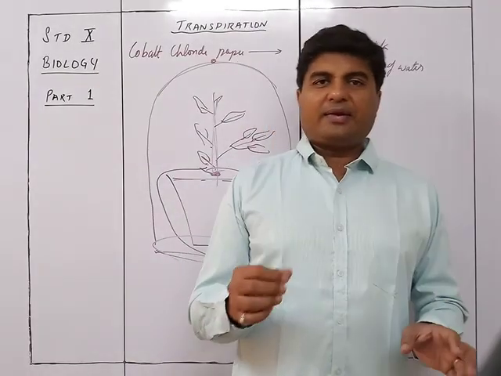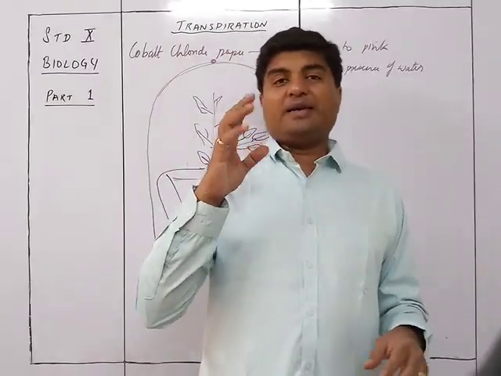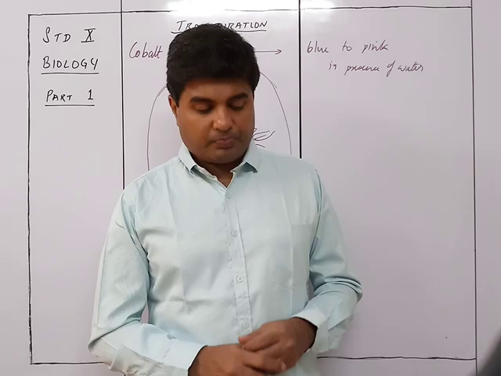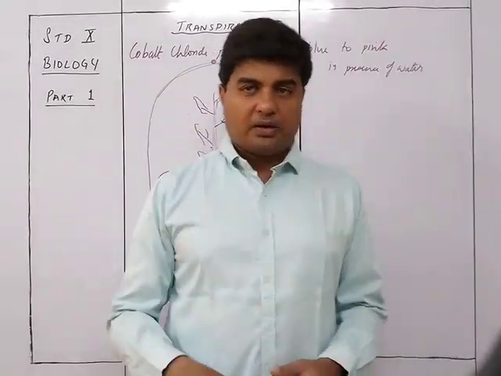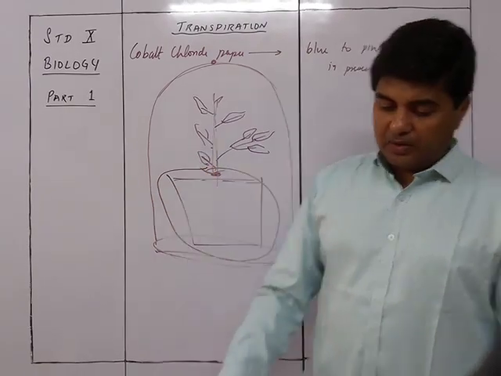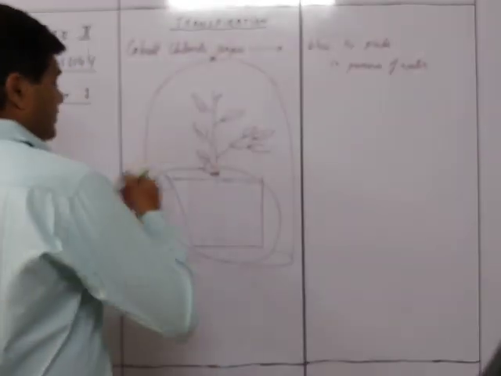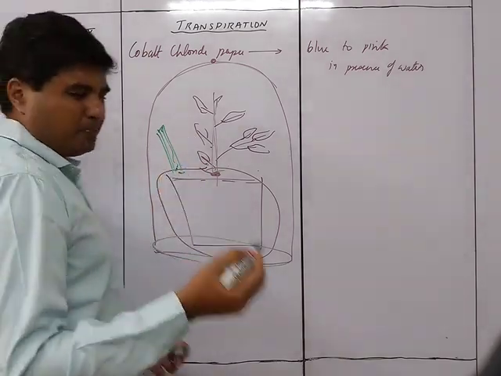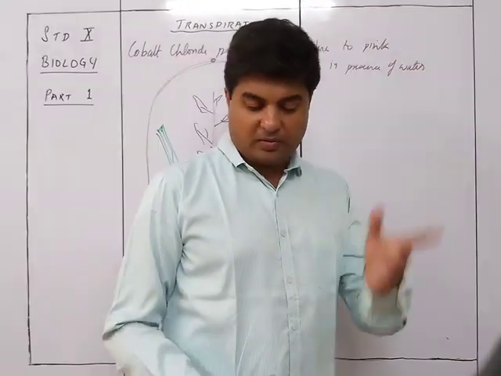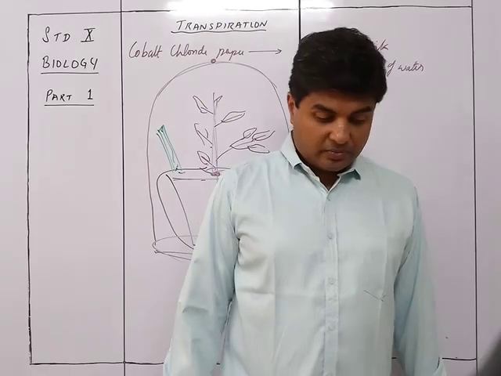You are basically trying to see to it that you are placing a cobalt chloride paper, which is blue in color, inside that particular bell jar. So you are going to keep a cobalt chloride paper over here. You can pin it or place it or put a sellotape on it, whatever. It's not an important thing to be seen.